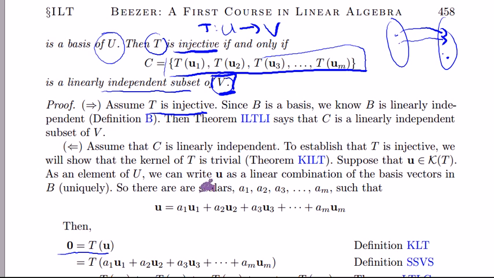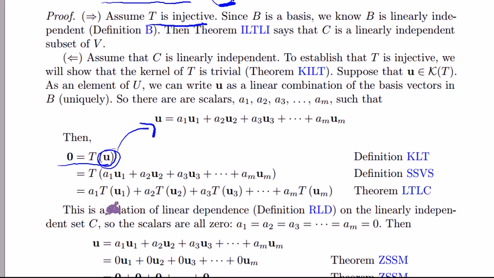Now, if T of U is equal to 0, U is in the domain, so U must be a linear combination of basis vectors. We write U as that linear combination, and we spread that linear combination apart using the linearity property to make it a linear combination of image vectors. But we're assuming that these vectors are linearly independent.